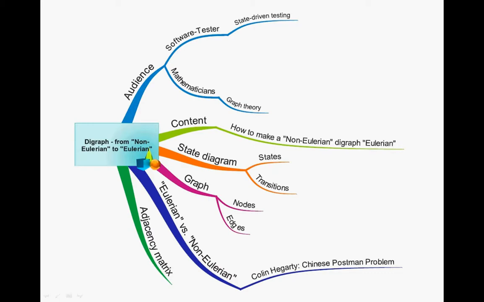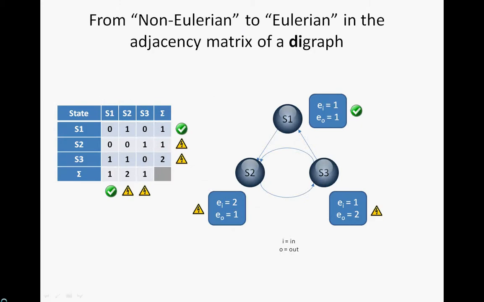Let's have a look at the example. On the right-hand side of this slide, we see the digraph or state diagram. It consists of three states S1, S2, and S3. How are the different states connected? Looking at the matrix on the left-hand side of the illustration, S1 is connected to S2.